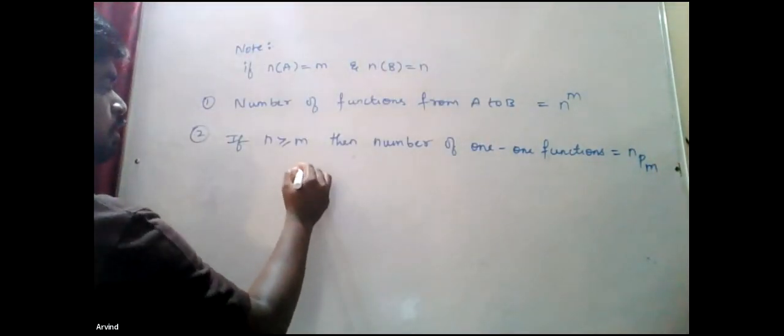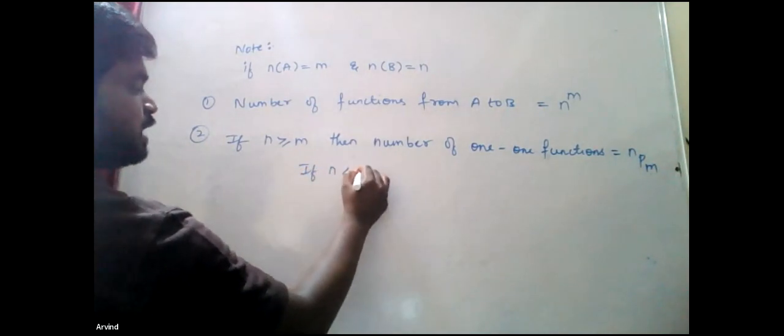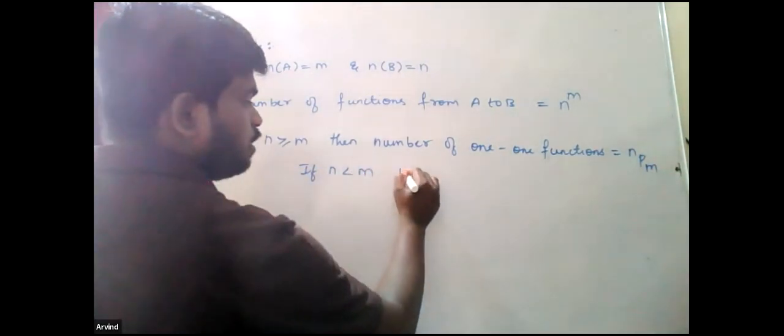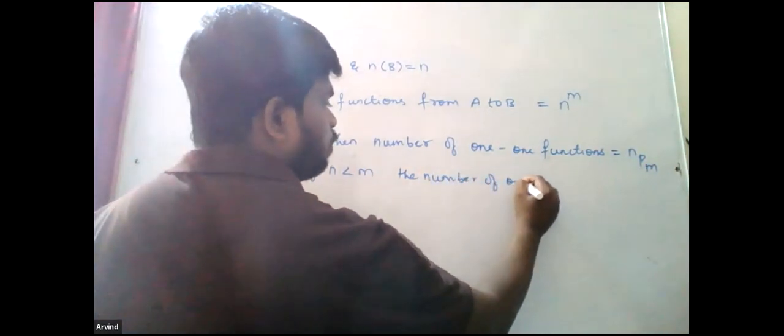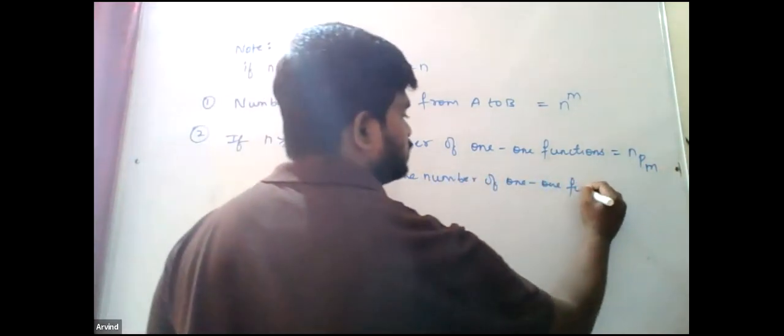Suppose if n is less than m, then the number of 1-1 functions is 0.